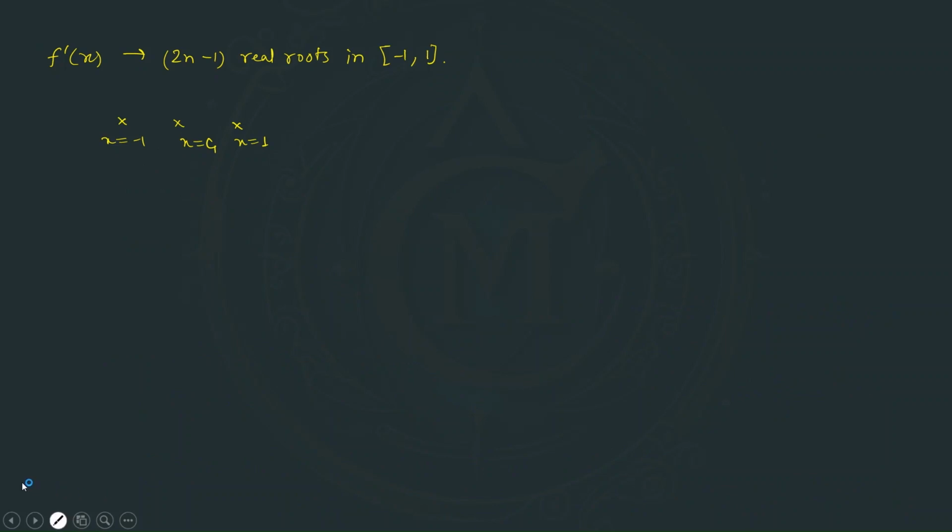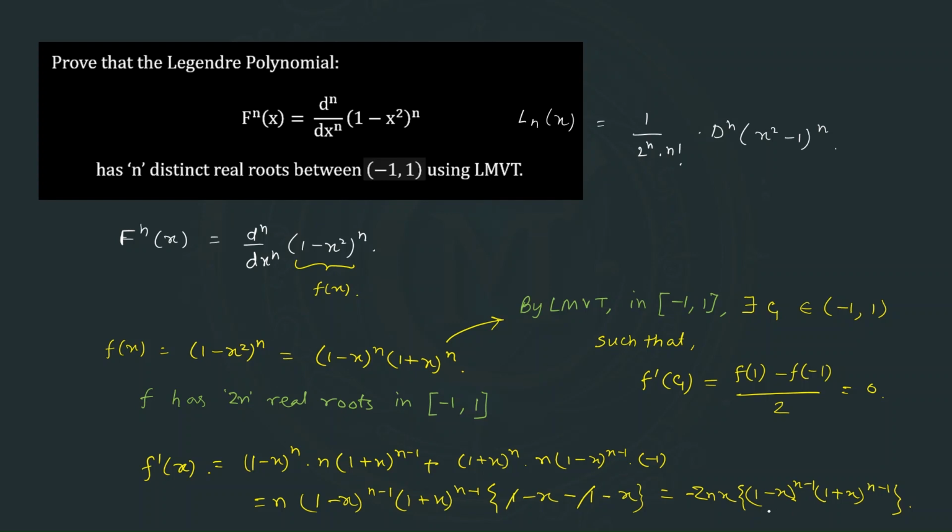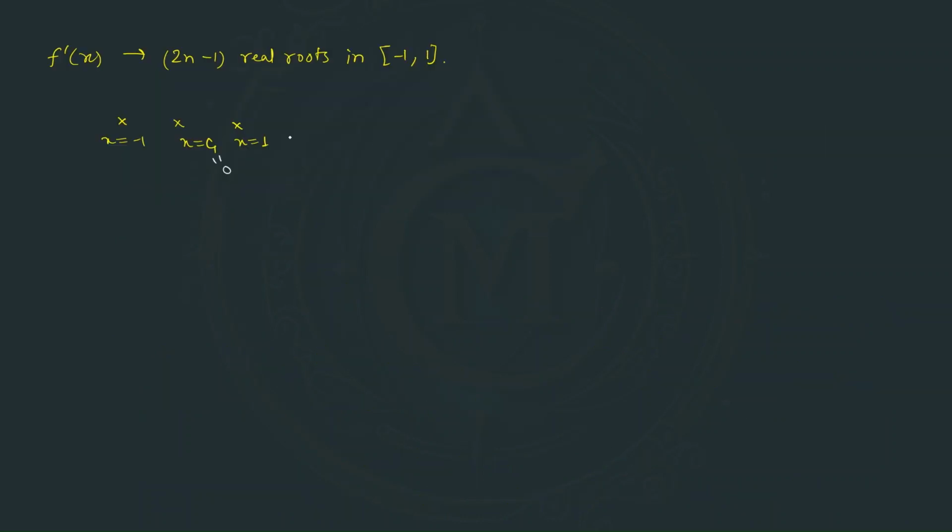So c1 in this case will be equal to 0. So here f dash x has n minus 1 repeated roots at x equal to 1, and x equal to -1 is repeated n minus 1 times. So there are in total n minus 1 plus n minus 1 plus 1, so 2n minus 1 real roots in -1 to 1.